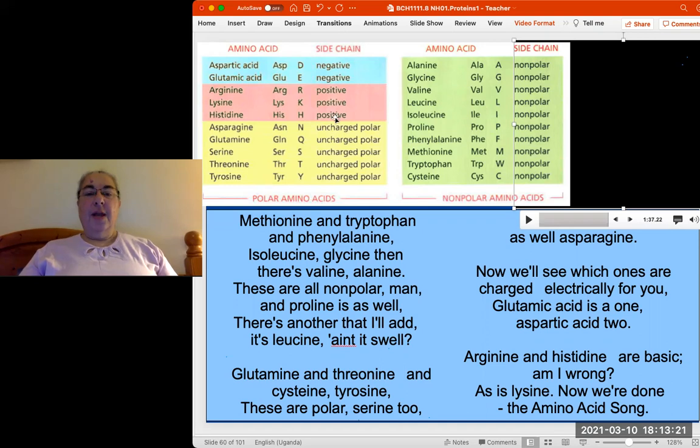Okay, so as you can see, that song can help you to remember all the names and the groupings if you're the sort of person that can learn well from learning a song. So if you're that sort of person, please do. You might have also noticed there's a bit of disagreement about exactly where cysteine ought to go in the lists.